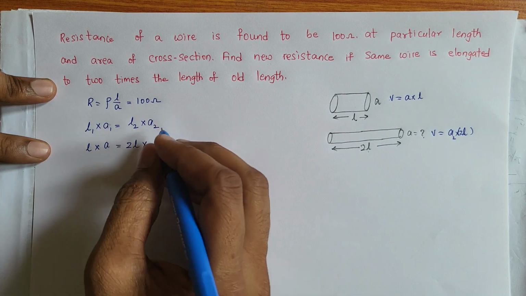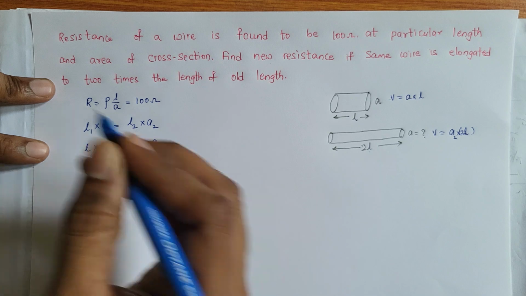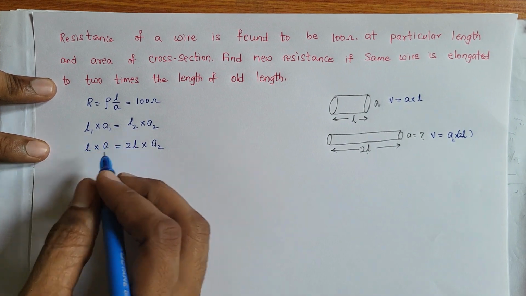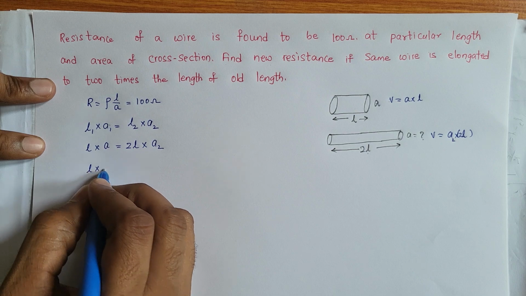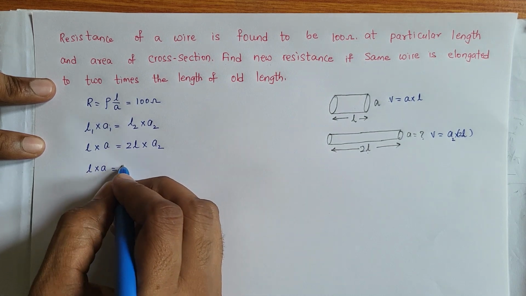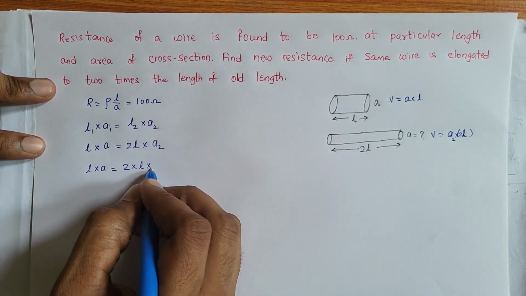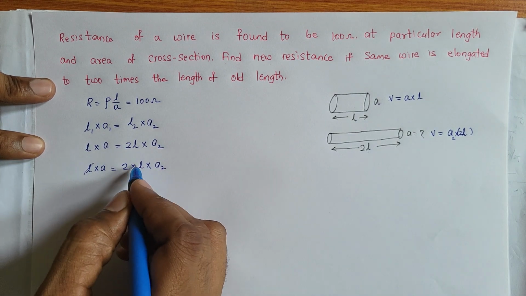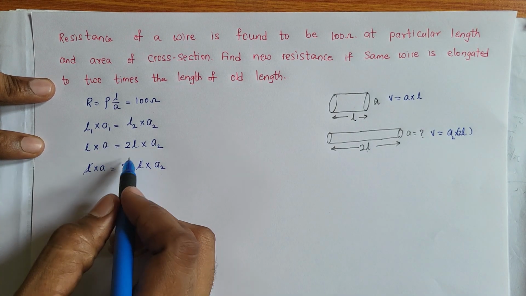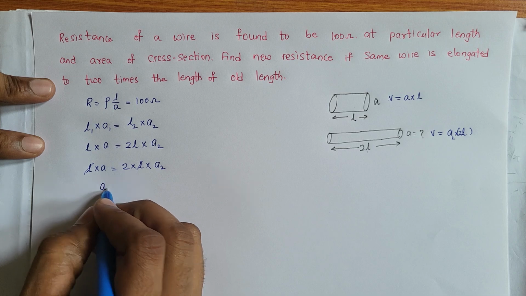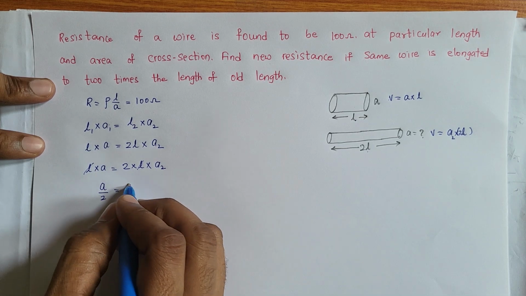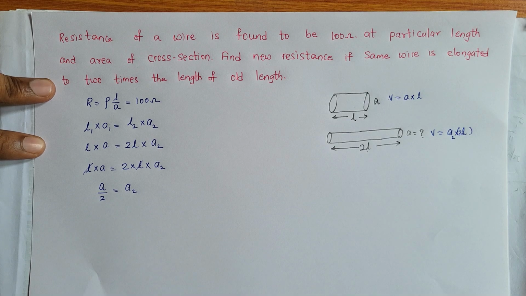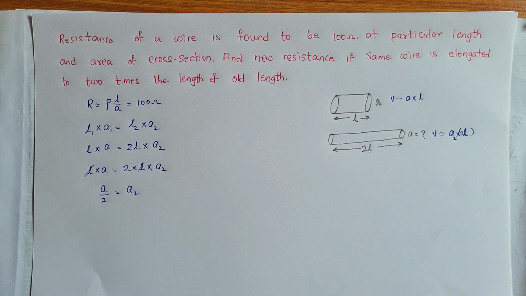Correct or not? So we have to find this area A2. Now what is remaining? L into A is equal to 2 into L into A2. A2 we have to find out. L and L get cancelled. 2 you will send this side. It becomes A divided by 2 is equal to A2. So now we got A2.